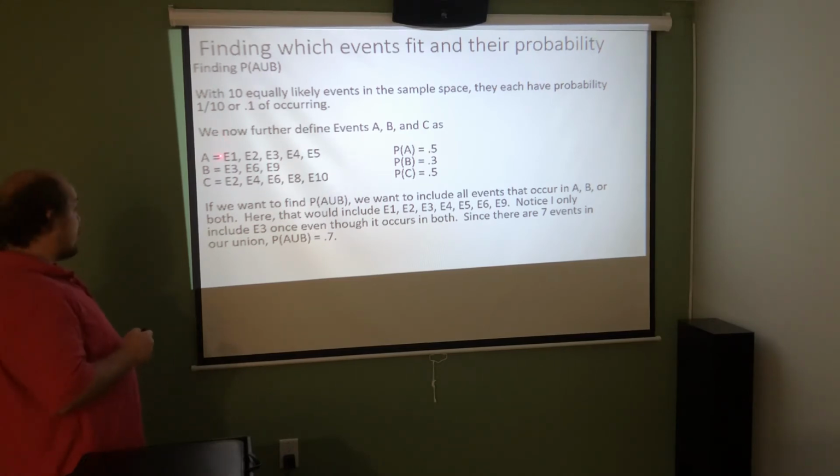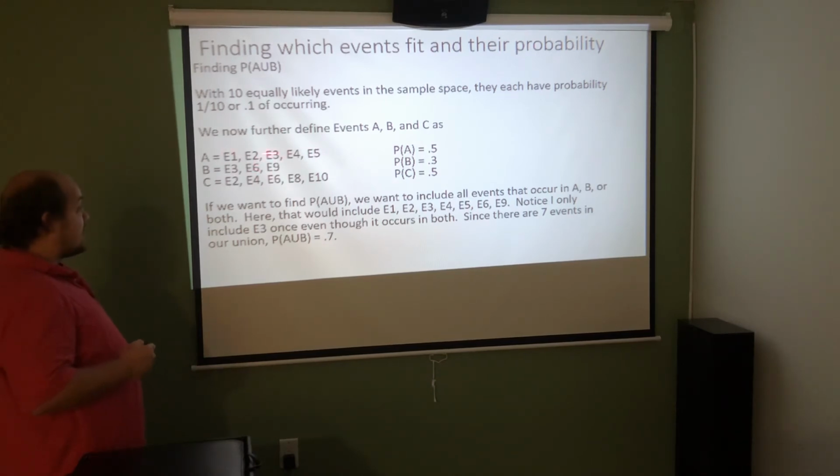If we instead talk about the union, it includes everything in A and everything in B, not counting their overlap twice. So I start by listing E1, 2, 3, 4, and 5. E1, 2, 3, 4, and 5 all count because they're all in A. When I get to event B and I start listing those things, E3 would be the first thing that counts, but I've already listed it here. So I don't list something twice, I move on to the next event.